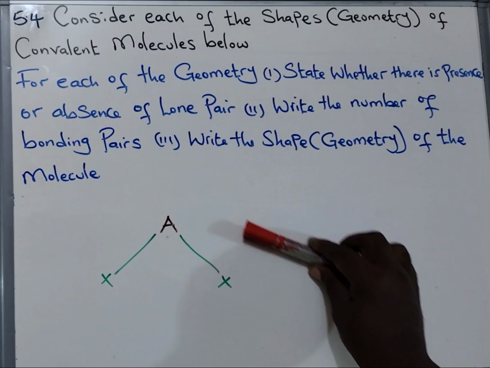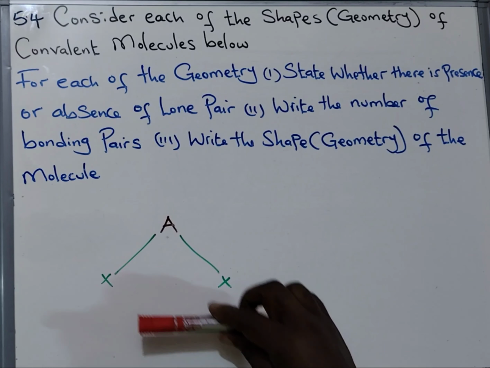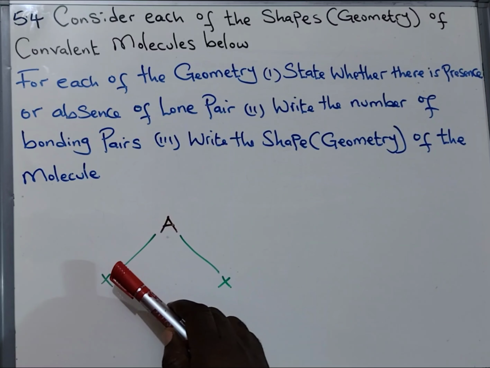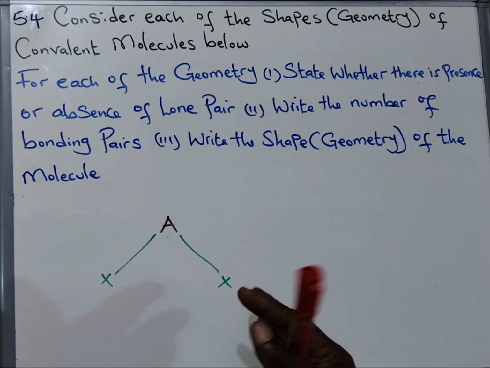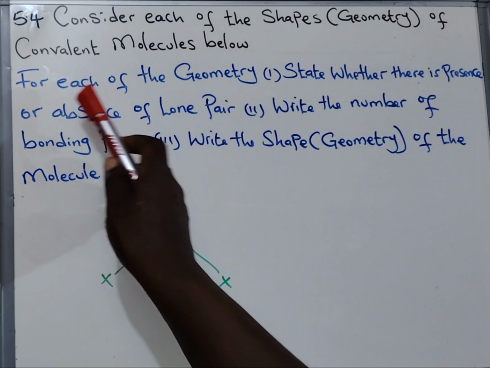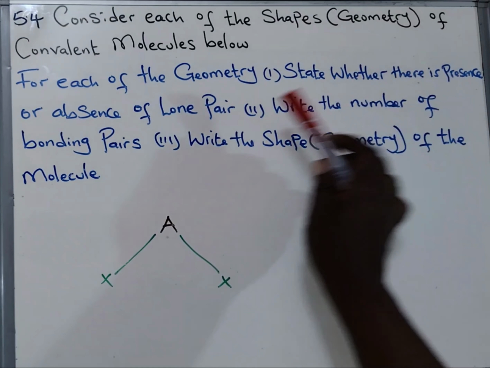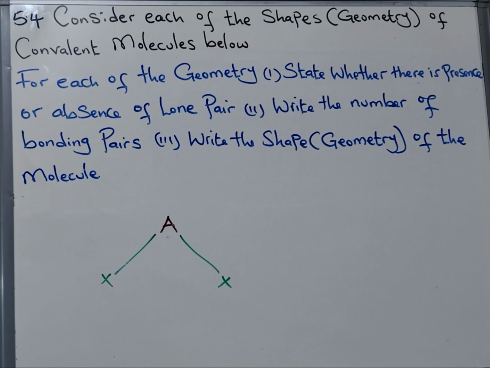Then we come to this one. The way it's arranged, you have these bonding pairs curving downwards. Let us start by answering the questions. Number 1, state whether there is presence or absence of lone pair.